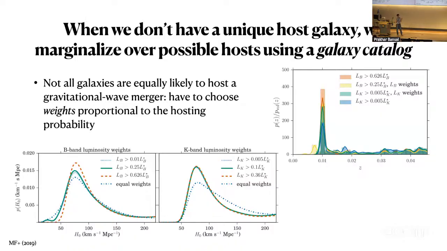Because this event is really well localized, it doesn't end up making a huge difference, because you really only have one group of galaxies in the gravitational wave localization.